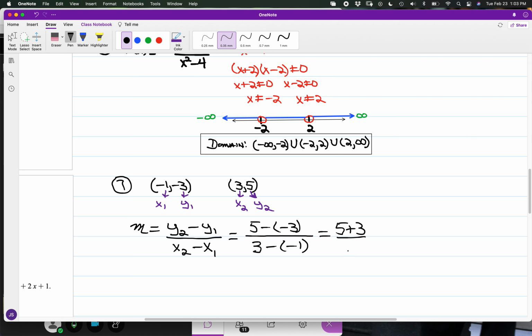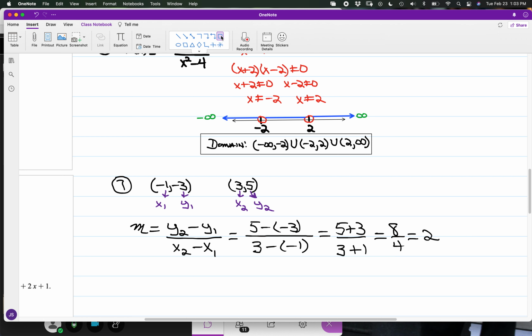And again, subtraction of a negative reverts to addition of the positive. So you have 5 plus 3 is 8, 3 plus 1 is 4, and 8/4 is equal to 2. So that is going to be the slope.